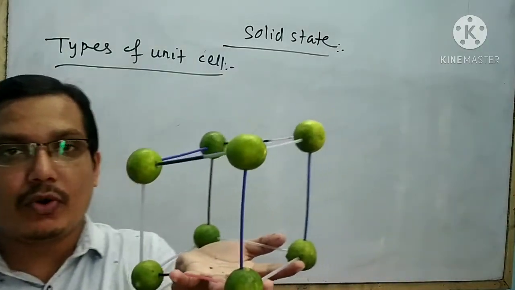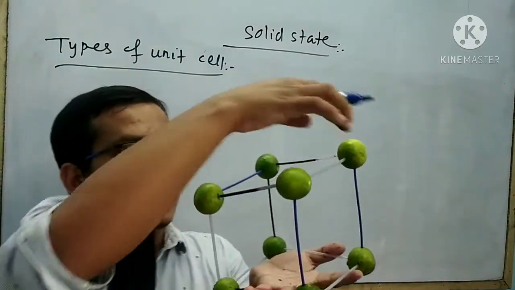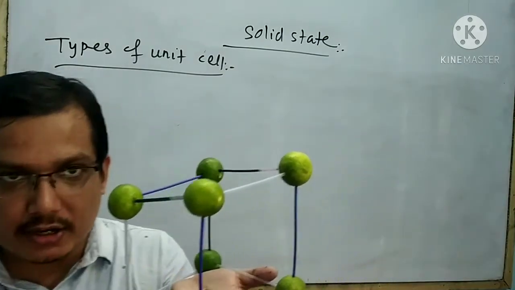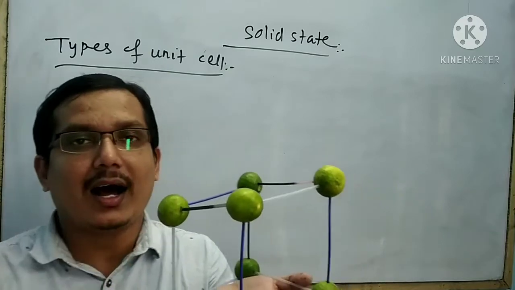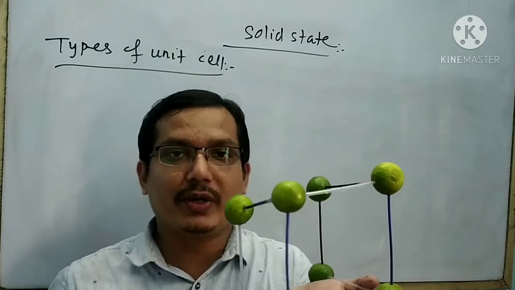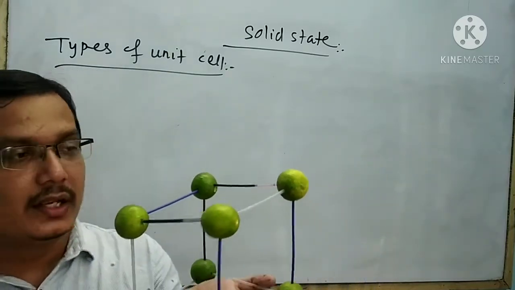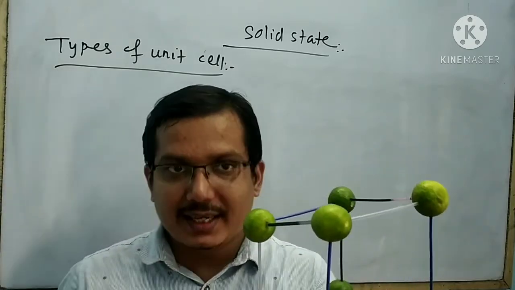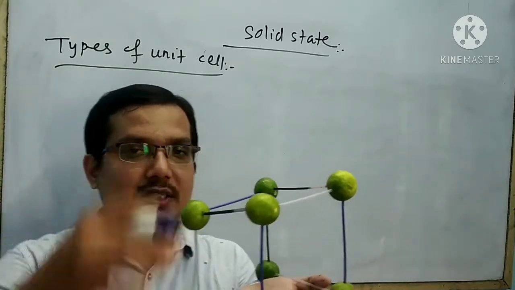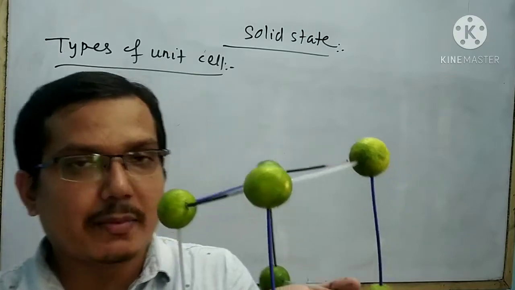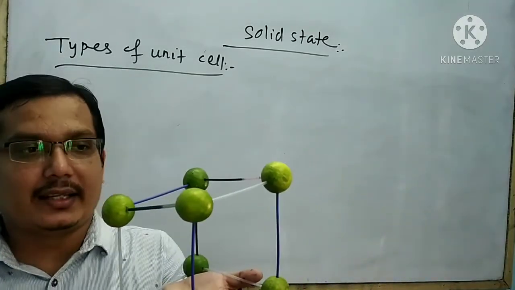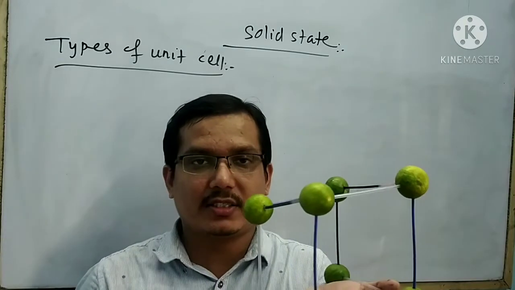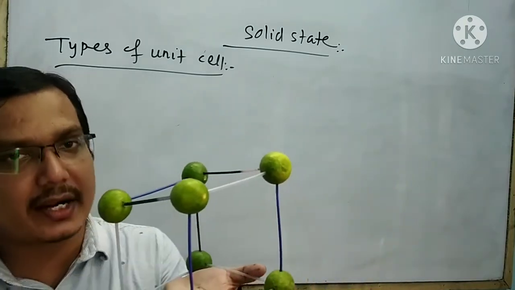In case of covalent crystals, these lattice points are occupied by atoms and there must be a force which holds the atoms, that is said to be covalent bond. In case of metallic crystals, the lattice points are occupied by positively charged metal ions and there is also a force of attraction between them, that is said to be metallic bond.